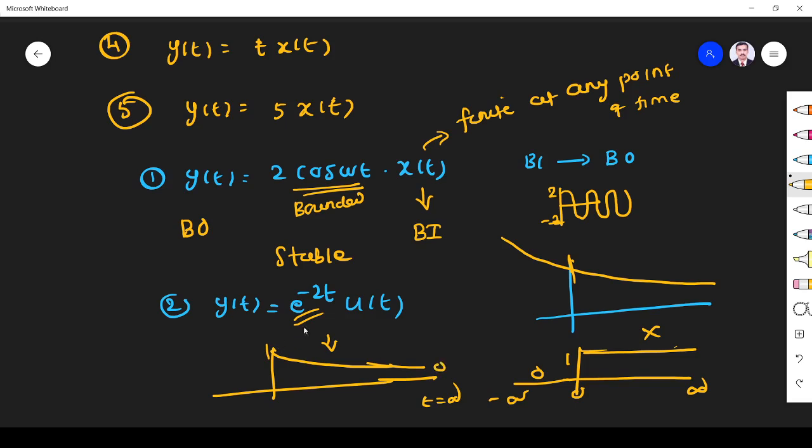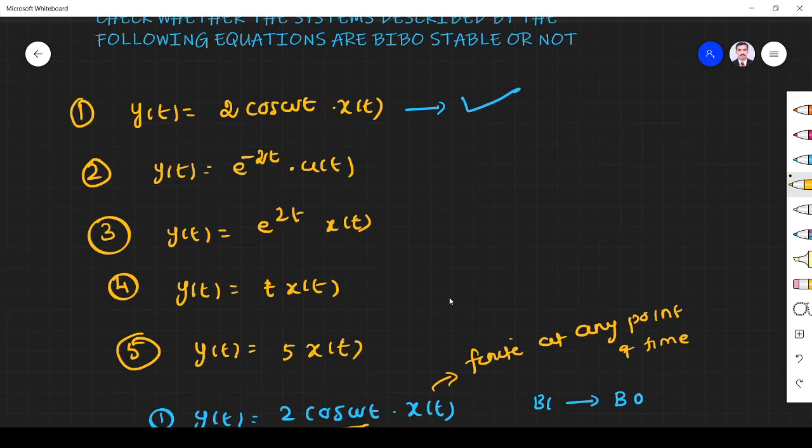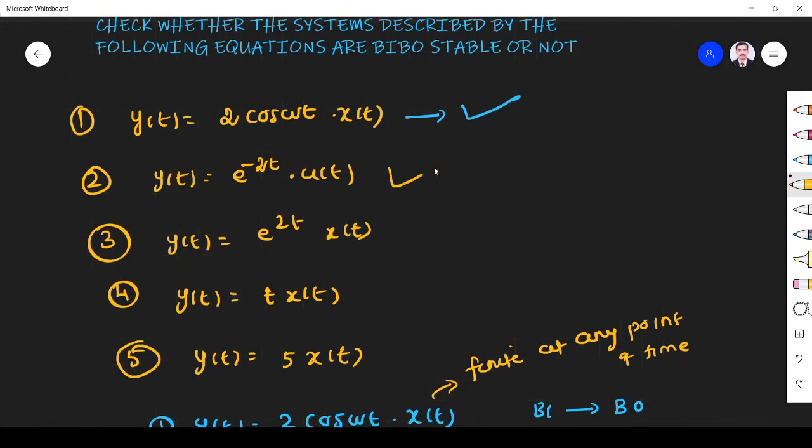When you substitute t equal to 0, it becomes 1. So it has a maximum value of 1 at t equal to 0 and a minimum value of 0 at t equal to infinity. Its value lies between 0 and 1. It never reaches infinity. So it is a BIBO stable system.